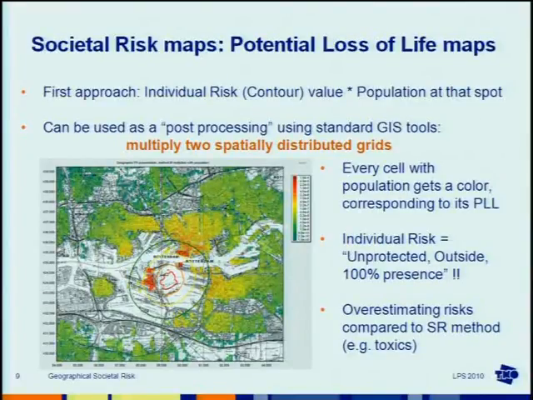It can be achieved with a simple post-processing using standardized GIS tools by simply multiplying two spatially distributed grids. So that gives you an illustration where every cell has a PLL, potential loss of life value, that you can illustrate with a color. And that led to illustrations like this.